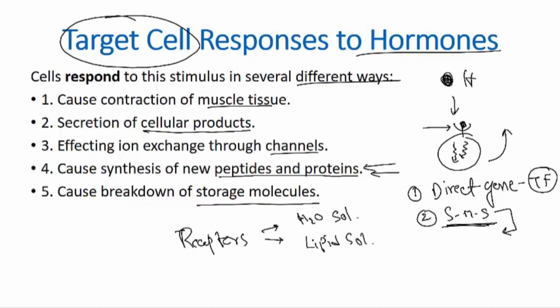So the receptors for the water soluble hormones are only found in the plasma membrane. So they are present on the surface of the cell membrane, while the lipid soluble hormone receptors are present inside the cytoplasm, or they are sometimes present in the nucleus.